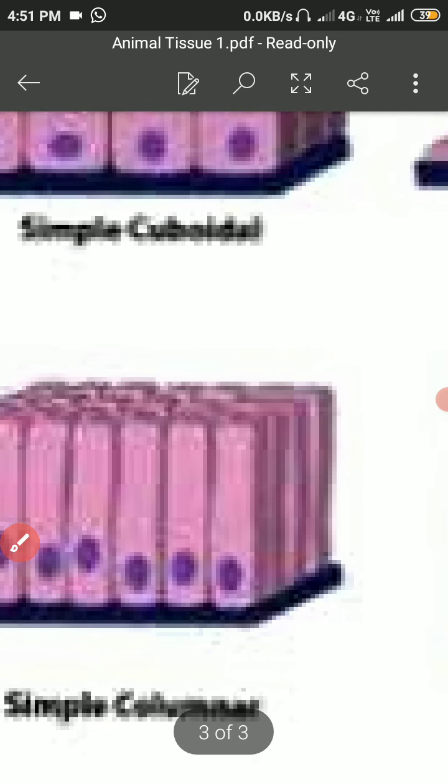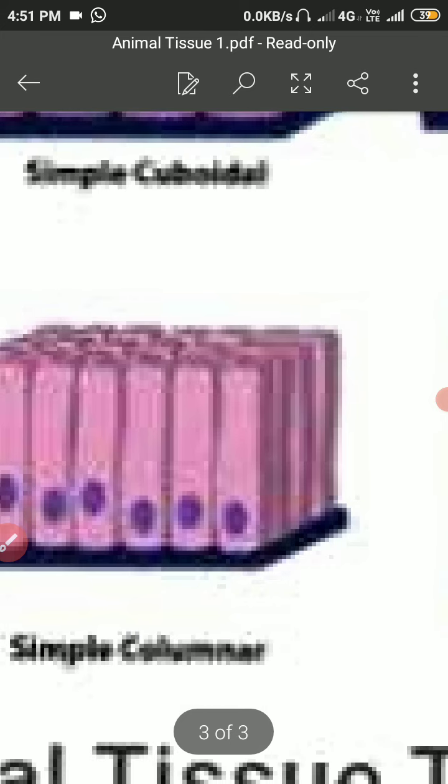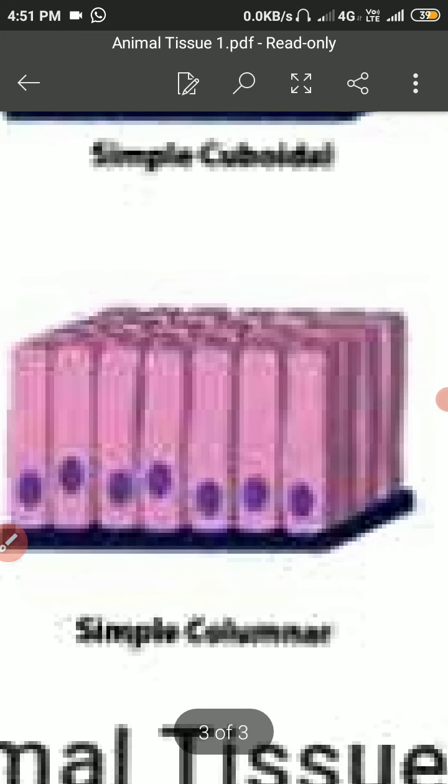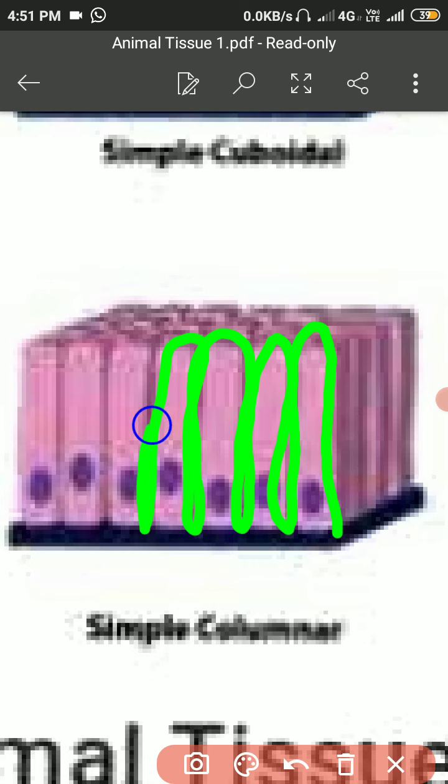And now see this is the columnar. Columnar means they are of column shape, the column-shaped cells, like elongated cells forming columns. For example, the internal lining of the alimentary canal where they form the villi.